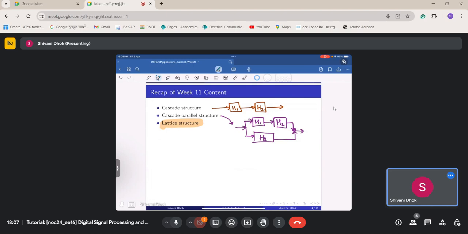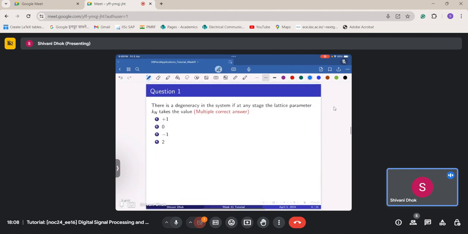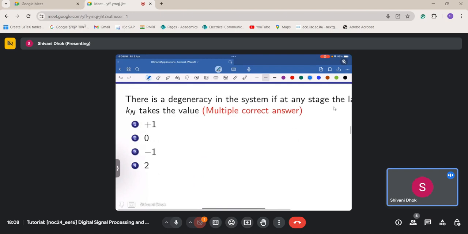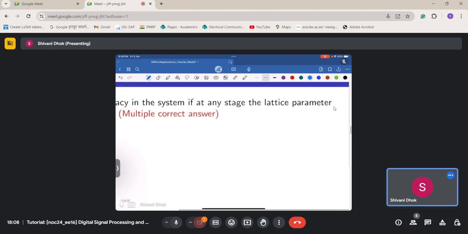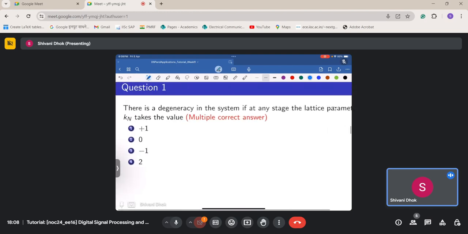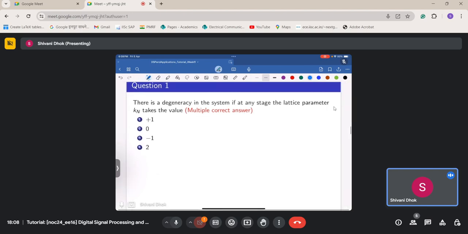If there are no questions, let me quickly start with the first question I have planned. The question says that there is a degeneracy in the system if at any stage the lattice parameter kn takes the value what? This is a multiple answer correct question. The degeneracy concept comes from the backward step in designing this lattice.